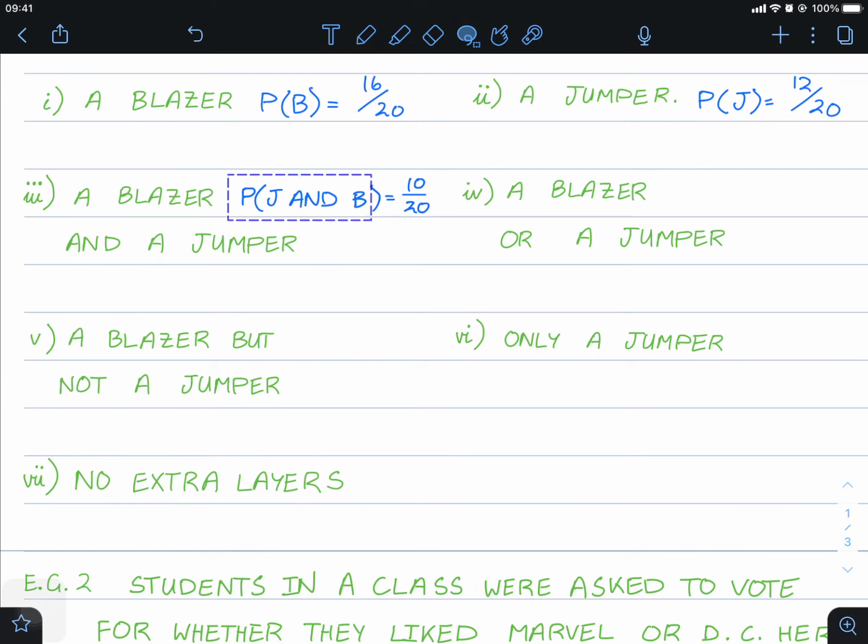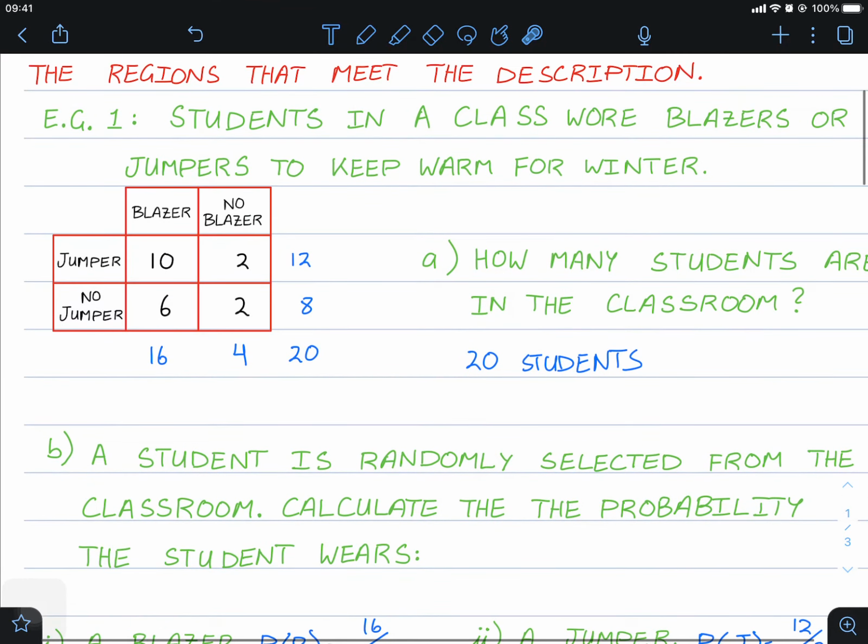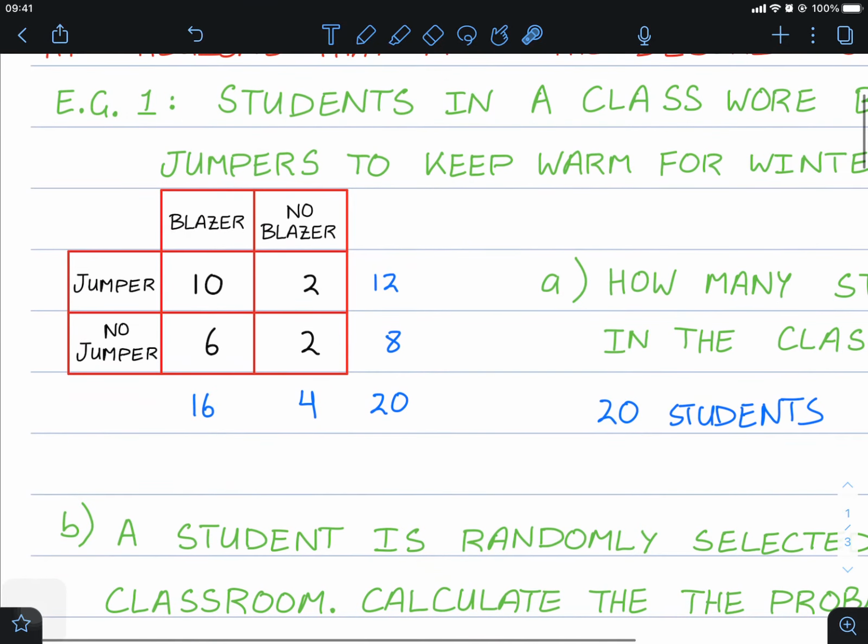Whereas this next one, its probability of jumper or blazer, being very careful with the wording here. Now here's where it gets a little bit tricky, because when it says or, it could be an inclusive or exclusive or. If we were to be inclusive, we're looking at this.